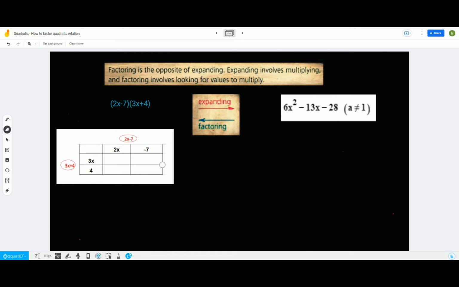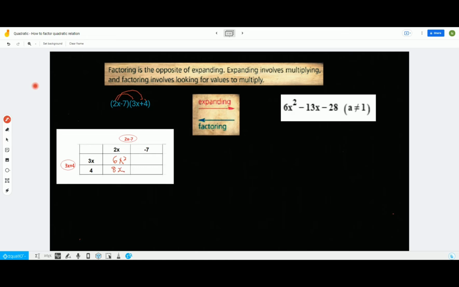Suppose this rectangle has a length of 2x minus 7 and a width of 3x plus 4. We are going to fill out the table. 2x times 3x is 6x squared, and 2x times 4 is 8x.